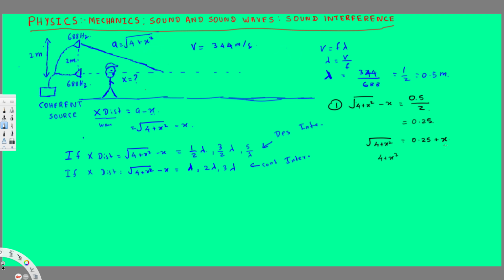So let's rearrange this. X square, and then double these two variables, that's going to be 0.5x, right? Then 0.25 square, that's going to be 0.0625. If we rearrange, we can cancel the x square on both sides, and then find the x value.